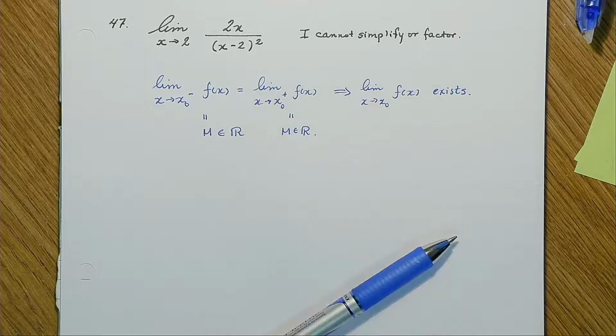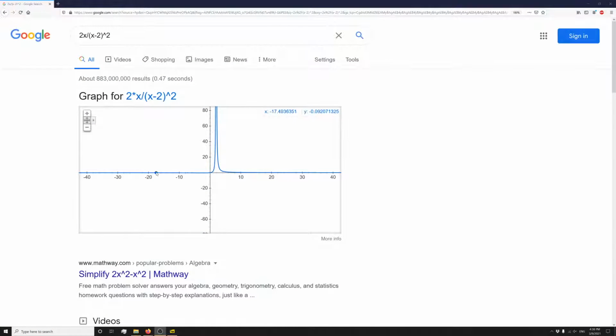And by that, I mean, while we know the behavior on the left-hand side of x equals 2 is going off to infinity, and on the right-hand side it's going off to infinity, it's not a number. It's going off to infinity. So when you have one of those going off to infinity things, we don't actually have a limit then.